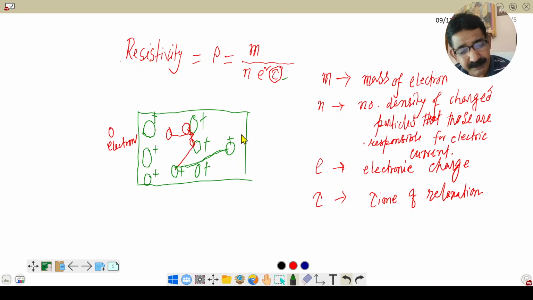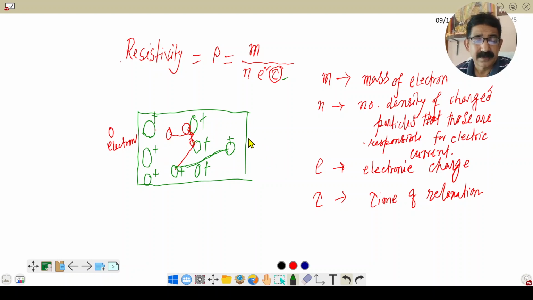Now what happens to this time interval when temperature is increased? When temperature is increased, the behavior of the electron inside the conductor is like that of gas molecules to some extent. There is a very fine difference between the movement of the electron inside the conductor and the movement of the molecules of a gas.